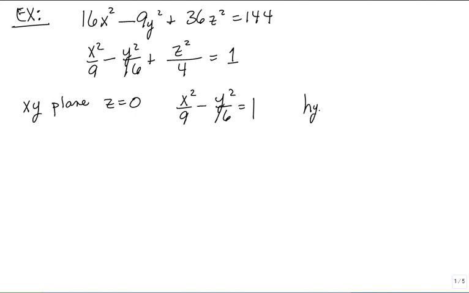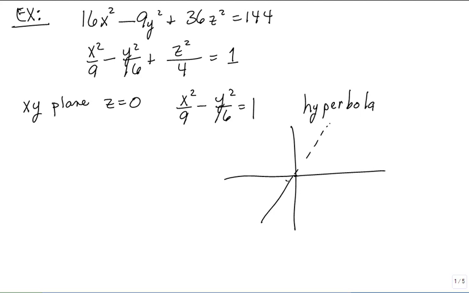We get a hyperbola. Okay, and I'm going to try to sketch these as best I can. On the x-axis, we're going to go 3. On the y-axis, we're going to go 4, make a little box. So it's kind of wide. Now this is laying flat on the xy plane.